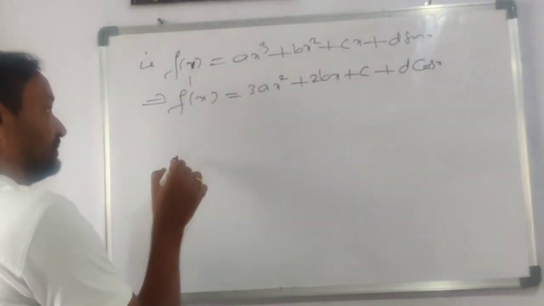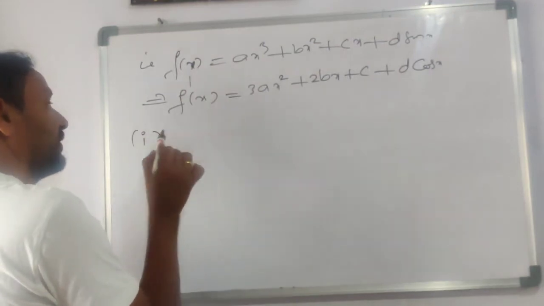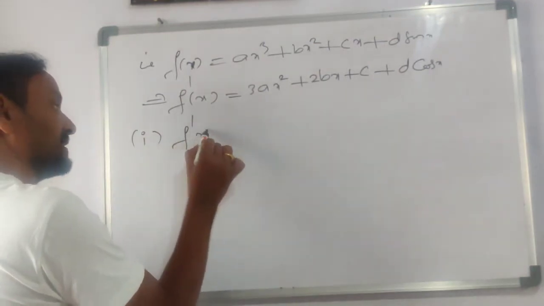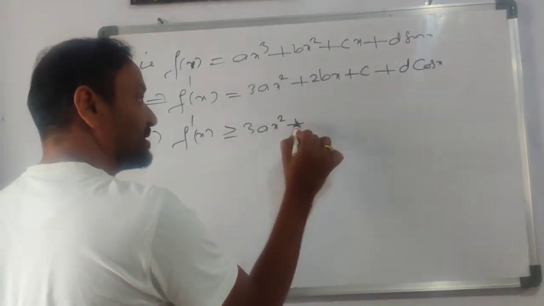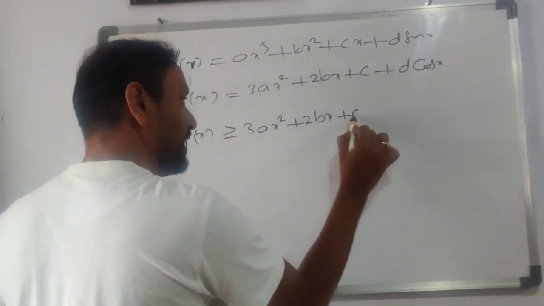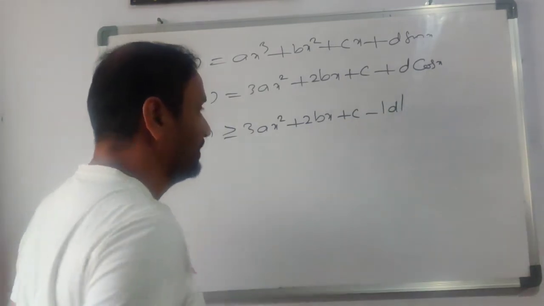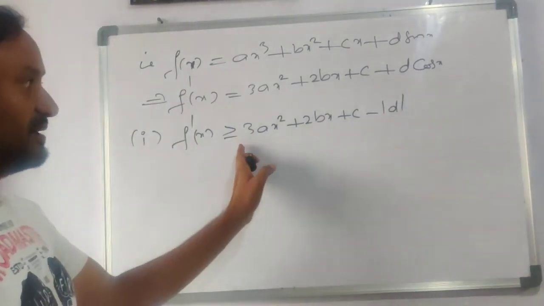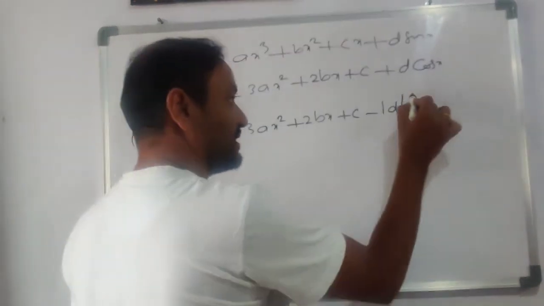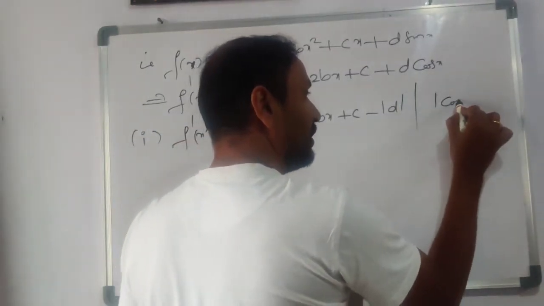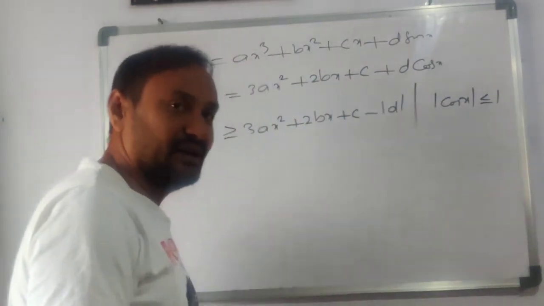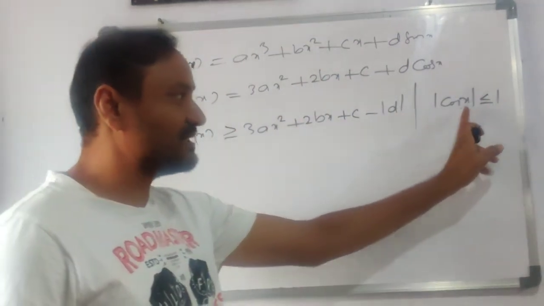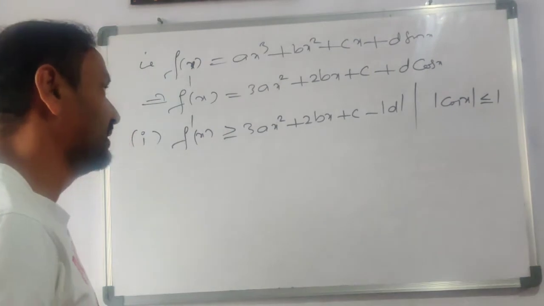Number 1 here, f dash x is greater than or equal to 3ax square plus 2bx plus c minus mod d. For the greater than or equal condition, take the minimum value of cos x. We know mod cos x lies between minus 1 and plus 1, that is mod cos x is less than or equal to 1.